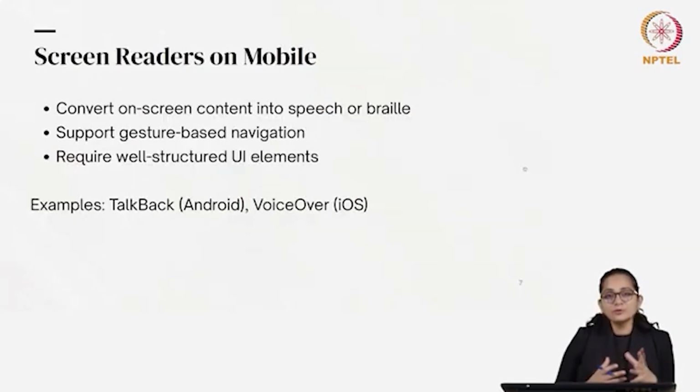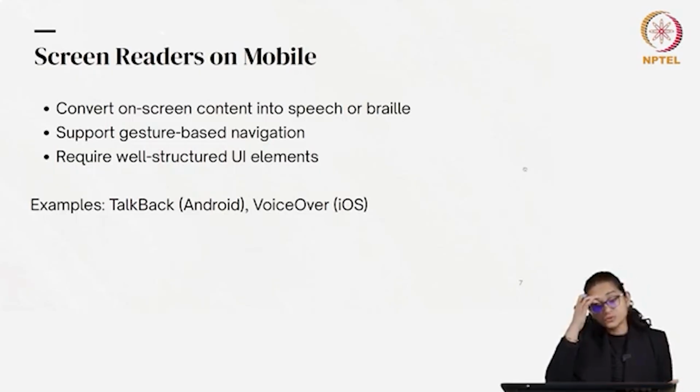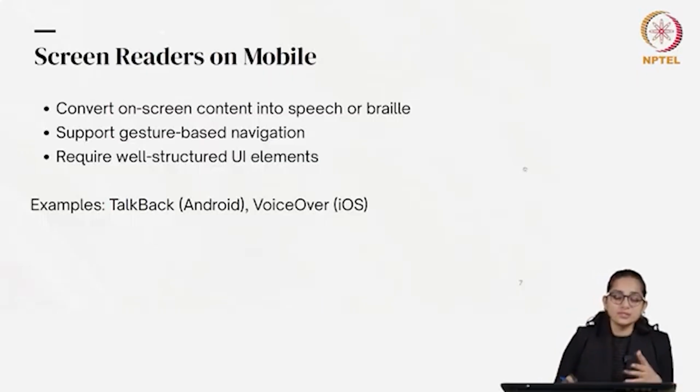Now let us talk about each one of them in a little bit more detail. What are screen readers on a mobile? They convert on-screen content into speech or braille. They support gesture-based navigation. If you want to go to the next interactive item, so there are 4 buttons on your interface.